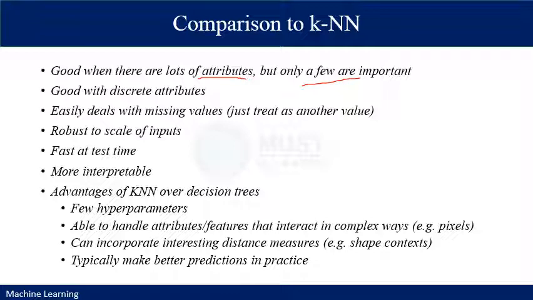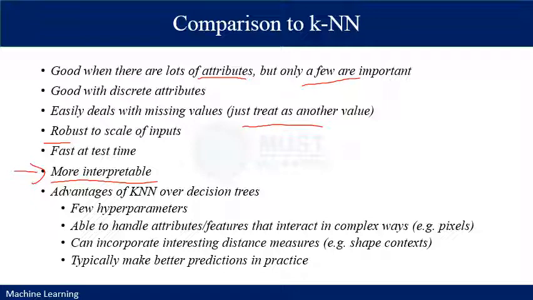Decision trees easily deal with missing values; just treat them as another value in the training set. Decision trees are more robust to the scale of inputs, whereas KNN's performance significantly derails with changing scales. Decision trees are faster at test time, and more importantly, more interpretable.